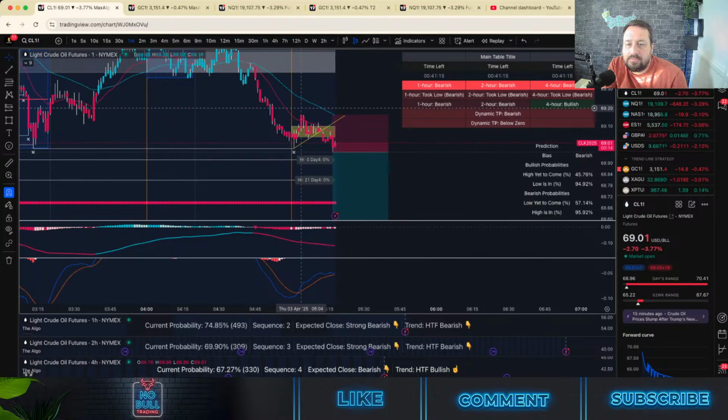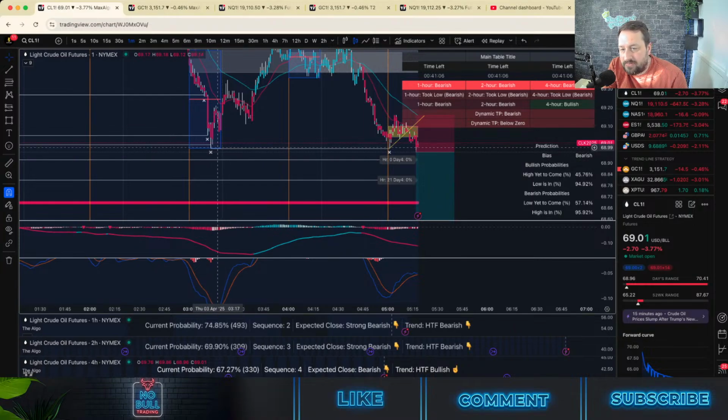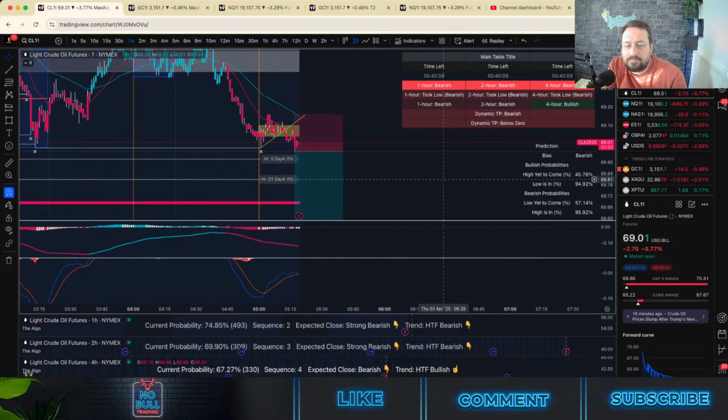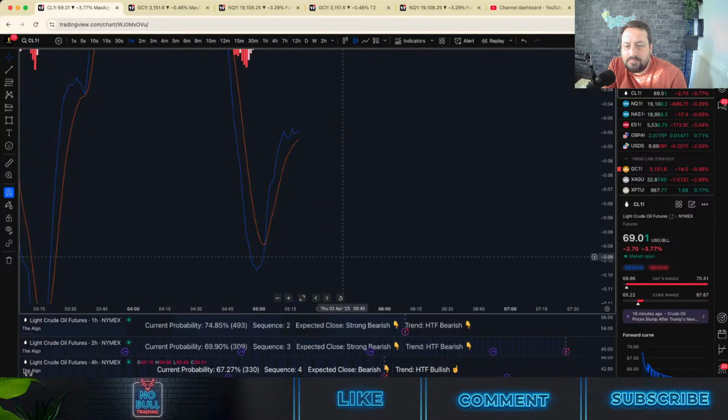I mean, right now, this is more likely to be our high for the hour. We are very bearish. A lot of the other algos are bearish. We don't expect this to be our 4-hour low, but we have taken it, right? So it's not our 4-hour low. See how these are.